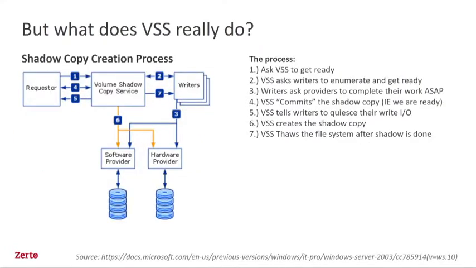All right. So this is stolen from a Microsoft document. It shows what VSS actually does. It had a really technical how-to. That's the link if you ever want to actually go and see it. I summed it down to something I can understand. Basically, you have what they call a requester, which would be like the Zerto agent, that asks VSS to get ready to do its thing. And then the volume shadow copy service, the thing that's natively built into Windows, will go to a writer.